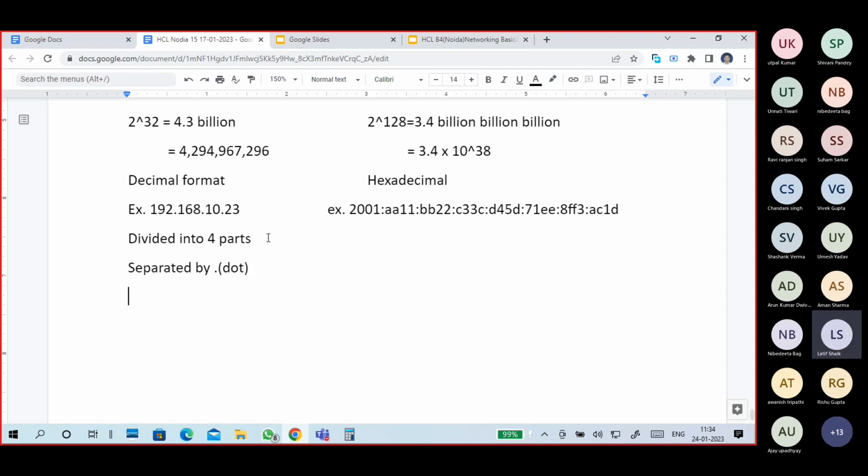Divided into 4 parts means you have 32 bits, and this entire 32 bits is divided by 4. How much? 8. It is 8 bits. This we call an octet.